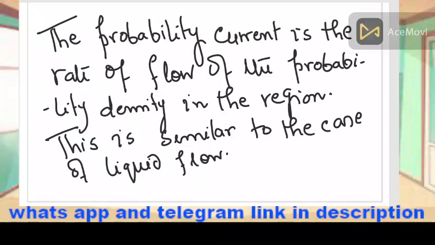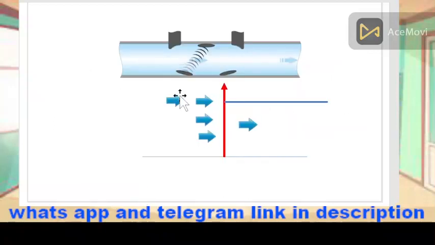Similarly, you have water current, the rate of flow. So probability current is the rate of flow of the probability density in that particular region. If there is no flow of the probability density, it means it is constant. If the probability density is 0, it means there is no probability of finding the particle in that region.